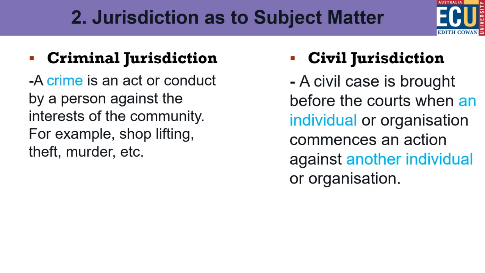If there is any theft, murder, dacoity, rape, all those types of criminal incidents, the cases are known as criminal cases. In a moment I will share with you that only certain courts can hear criminal cases. If a court has the power to hear a criminal case, we say that this court has criminal jurisdiction. Criminal jurisdiction means it has the power to hear a criminal case and give punishment to the offender.